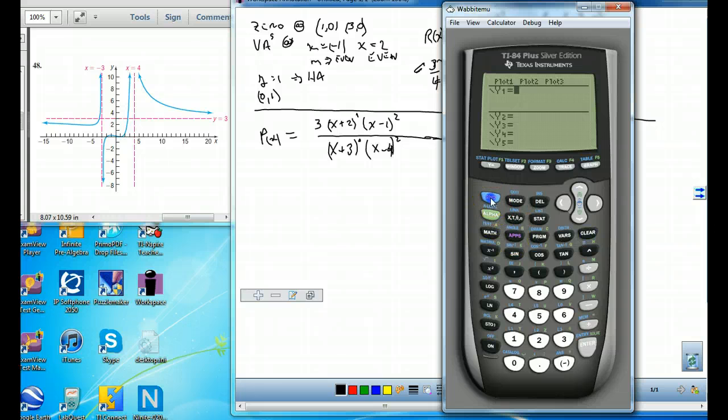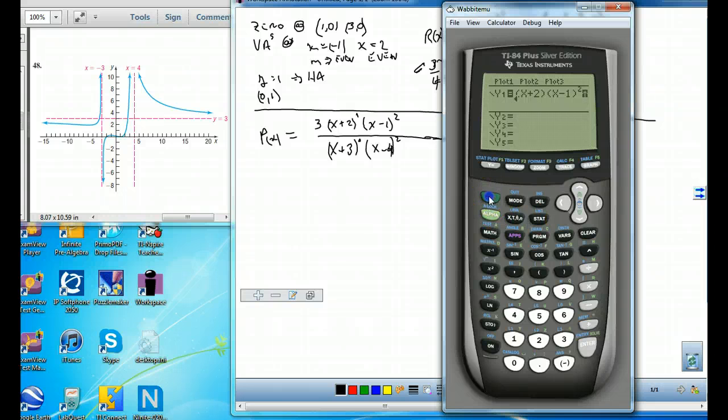Okay, I'm going to set up my numerator. Second, brace, left parenthesis. I forgot a 3, so let's put the 3 in here first. That's supposed to be in the numerator. So 3, left parenthesis, x plus 2, times x minus 1 squared. You're probably doing this faster than I am because you're better at it.